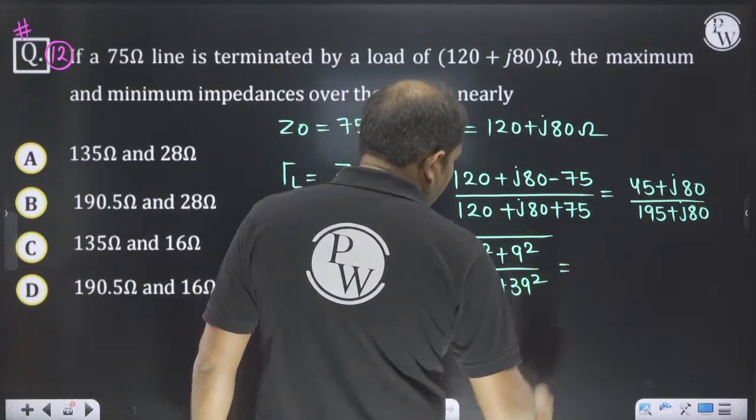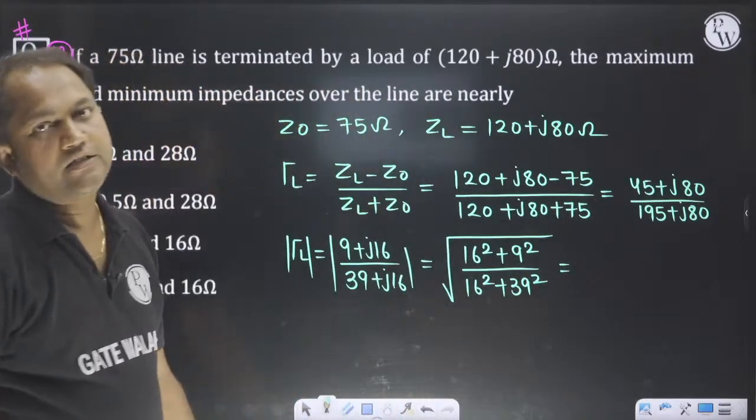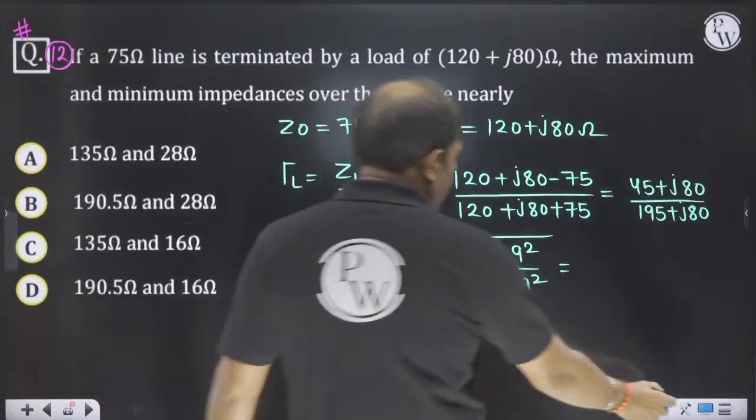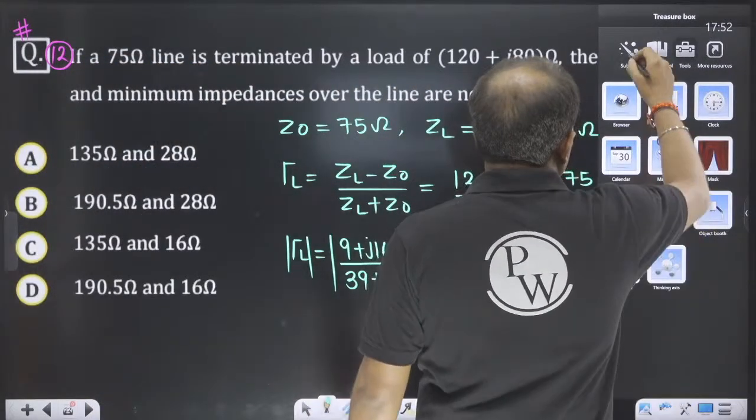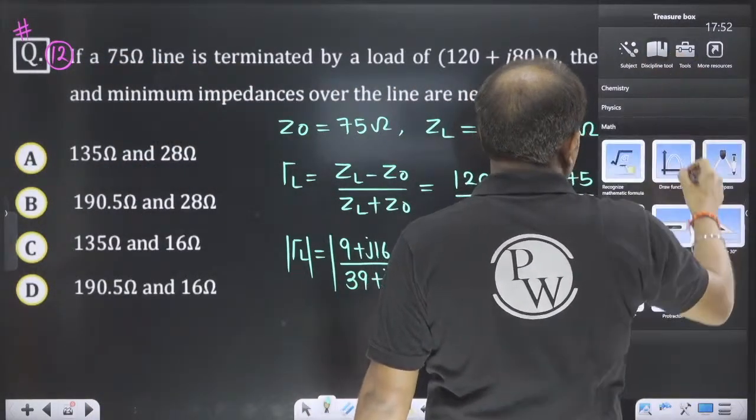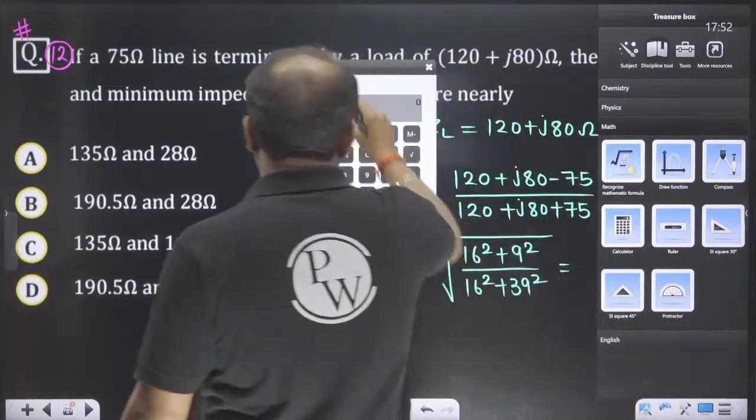You can calculate the magnitude of gamma L easily.